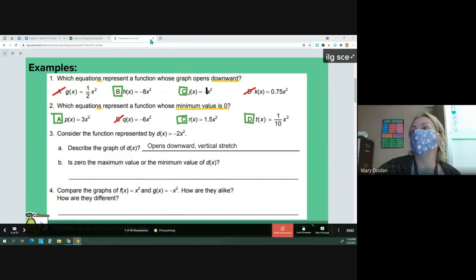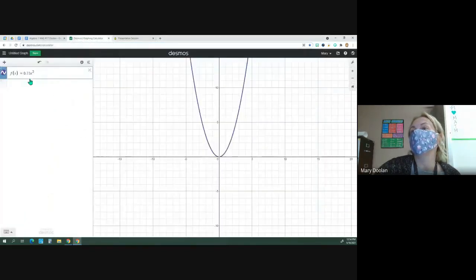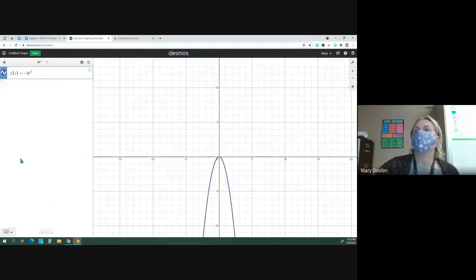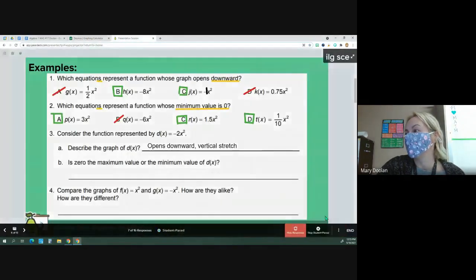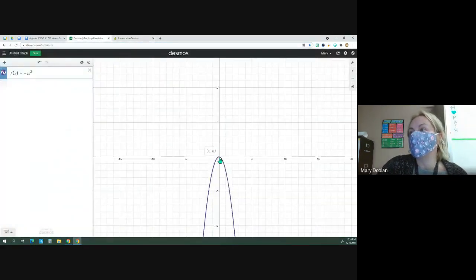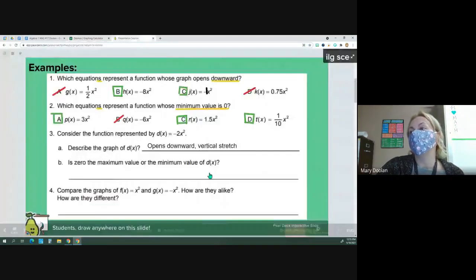If we look at it too, negative 2. You could say where the vertex is located. The vertex is, sure. There you go, Mauricio. The vertex is this point right here. It's at the origin. We could say that about it.